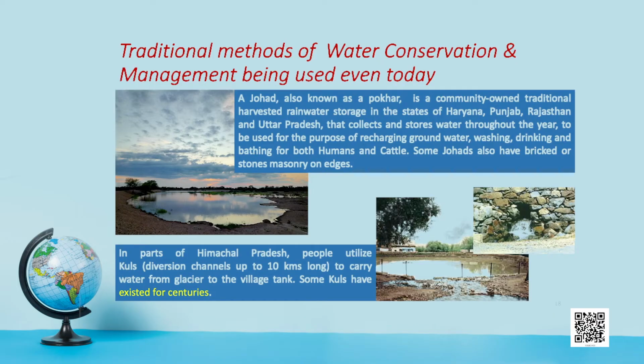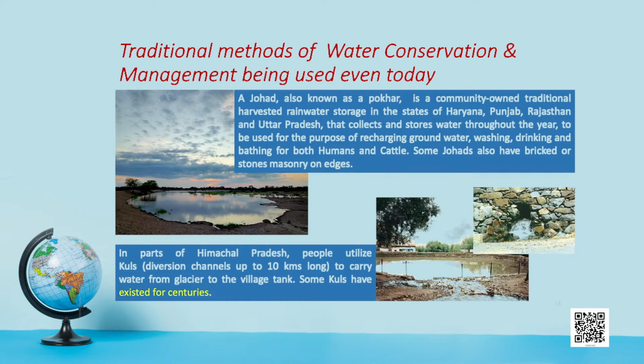A johad, also known as pokhar, is a community-owned traditional rainwater storage in the states of Haryana, Punjab, Rajasthan and Uttar Pradesh that collects and stores water throughout the year to be used for recharging groundwater, washing, drinking and bathing for humans and cattle.